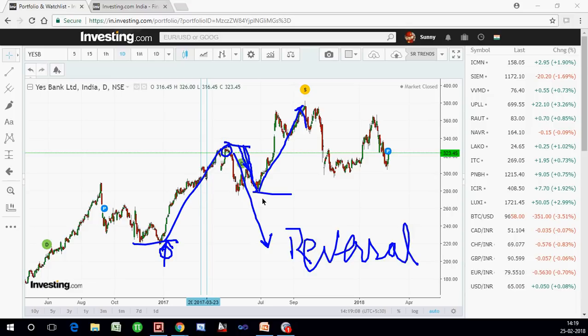So that market participant, who is a neutral guy, is waiting to enter the market again. Do you agree with me or not? At any time, the market has three kinds of people: buyers, sellers, and people who are neutral, who are waiting for an opportunity. When you see a market moving up, the neutral person is always waiting to enter the market.